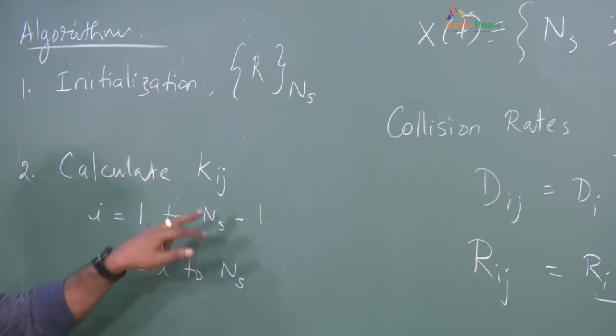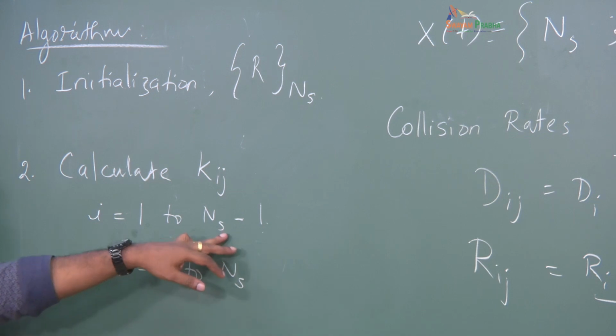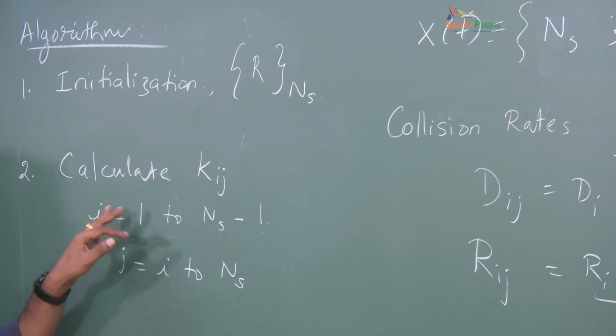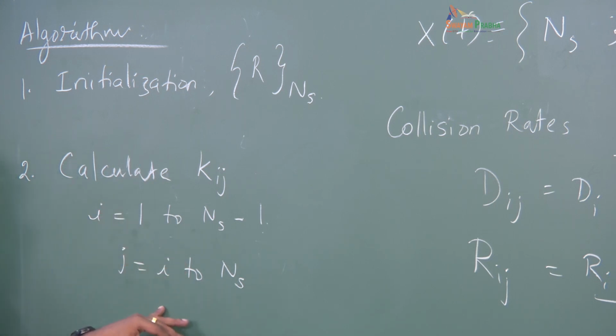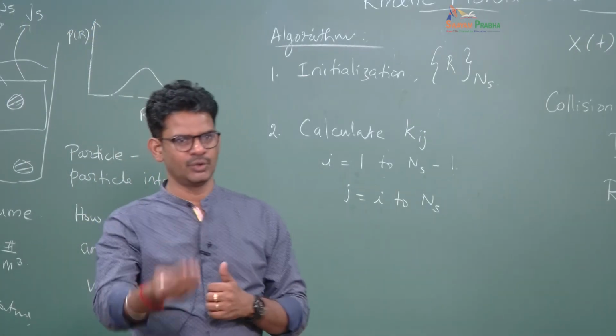Because it's a binary collision, you have two indices. The outer loop goes from 1 to ns minus 1, and the second loop will go from j equal to i to ns minus 1. I go from i, not from 1, because I don't want to double count. The collisions are symmetric between 1, 2 and 2, 1 and so on.